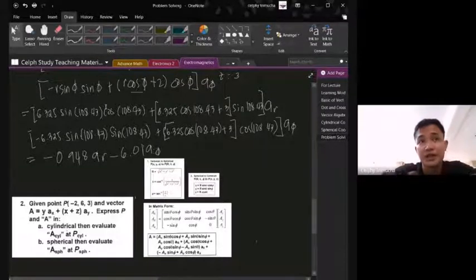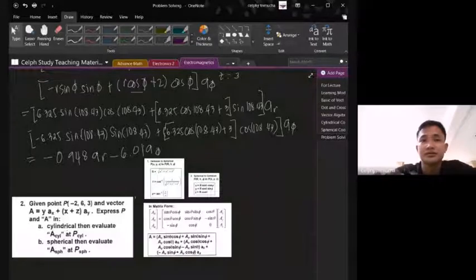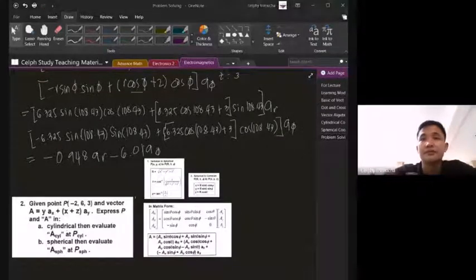So mag-input ka sa calculator, diretso lang man. So parehas lang gin-input sa calculator. 6.325 sine 108.43.